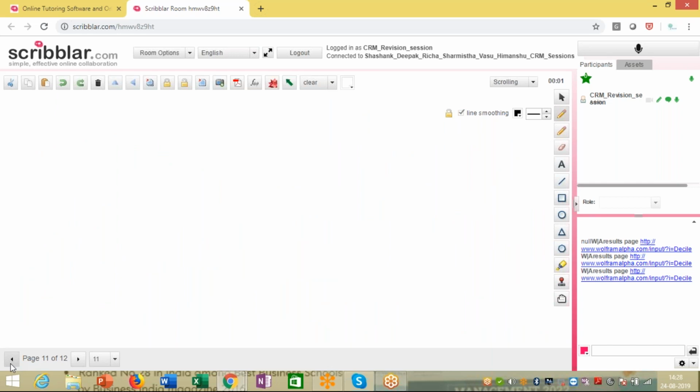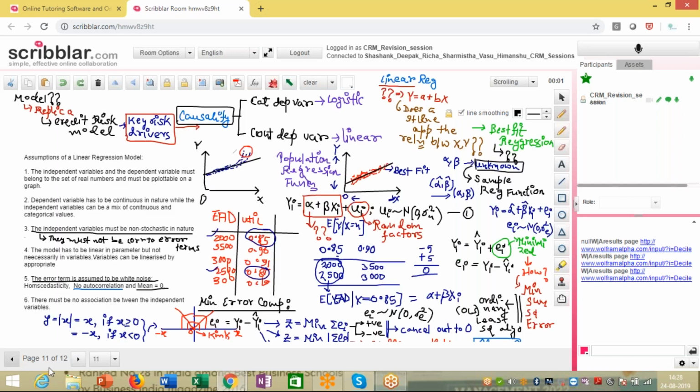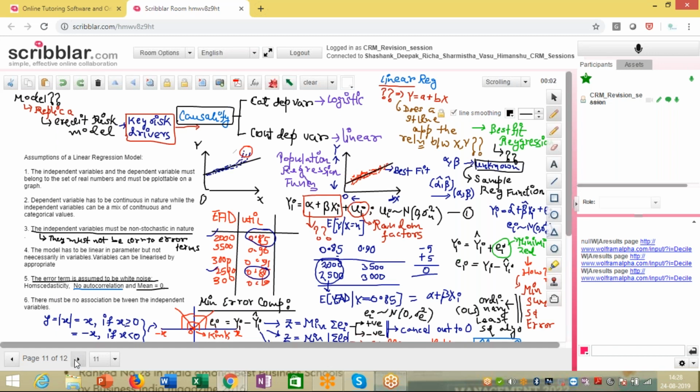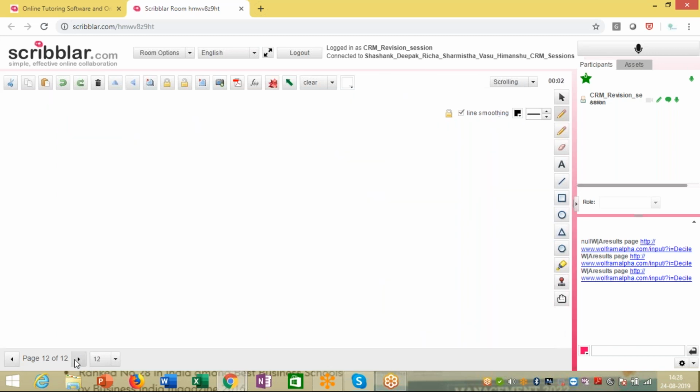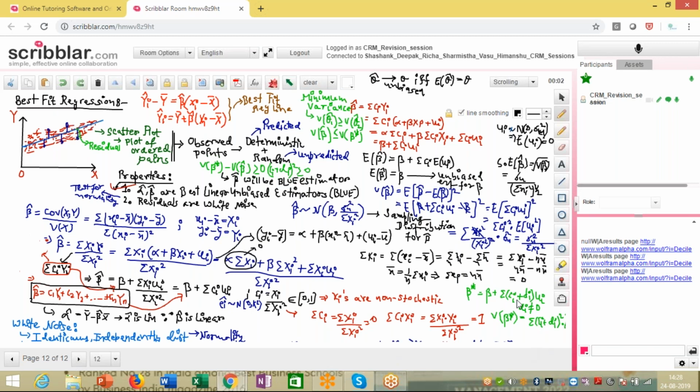Best estimator means the variance of the estimator has to be the minimum among the class of all unbiased estimators, and the estimator has to be linear in nature. We also came across certain implications. One very important implication is that it was the non-stochasticity of the estimators which ensured that the estimators were linear.